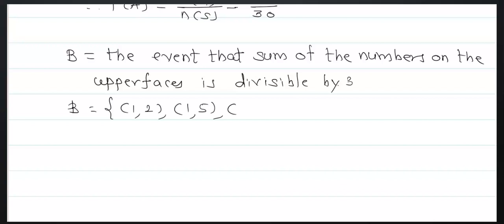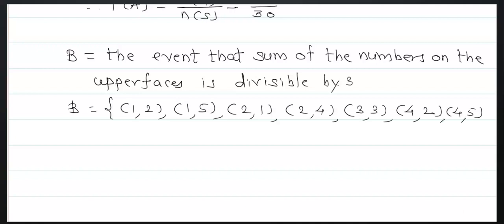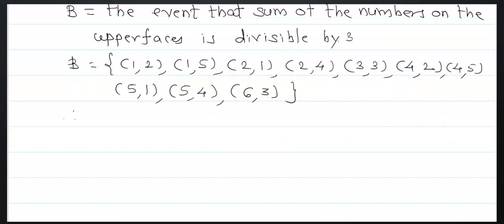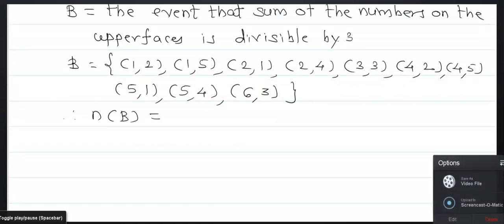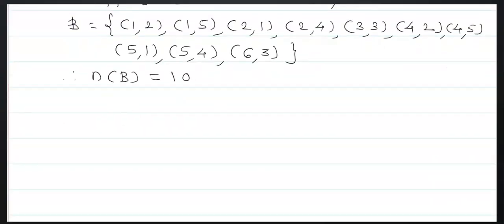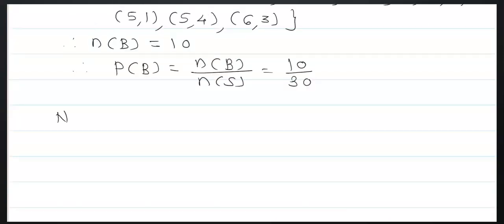Therefore, the sample points are 1 2, 1 5, 2 1, 2 4, 3 3, 4 2, 4 5, 5 1, 5 4, 6 3. Therefore, n of B is equal to 10. Therefore, P of B is equal to n of B upon n of S, that is 10 upon 30.